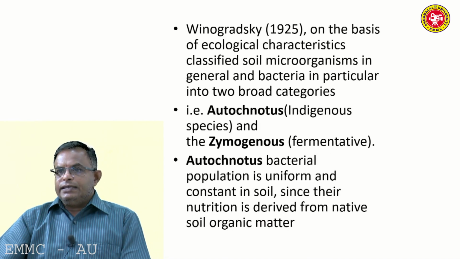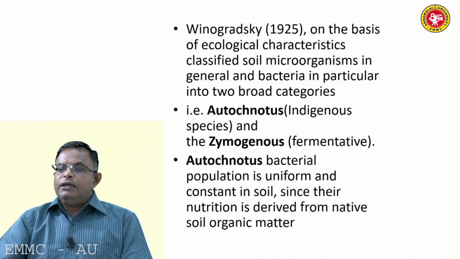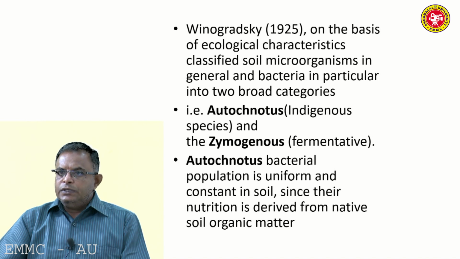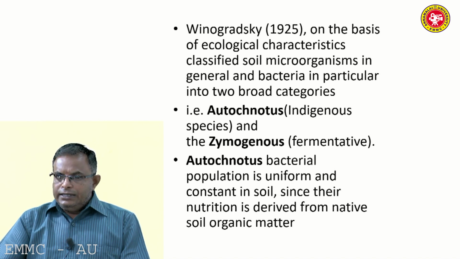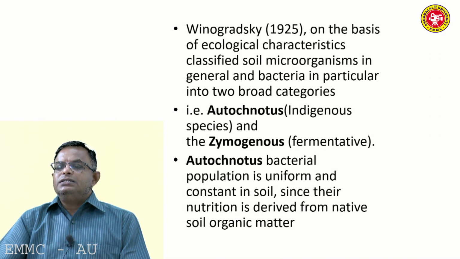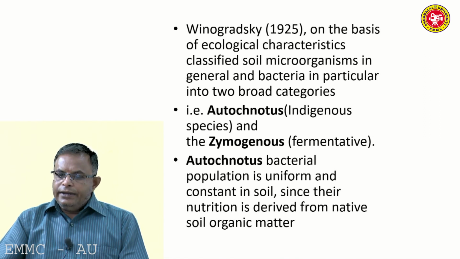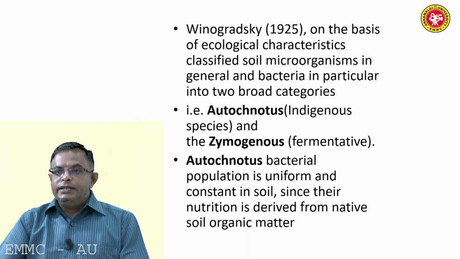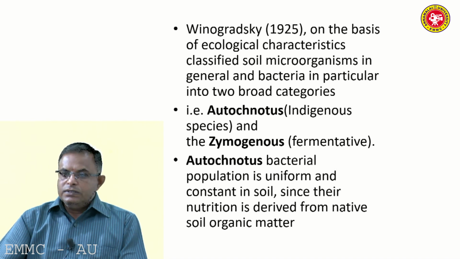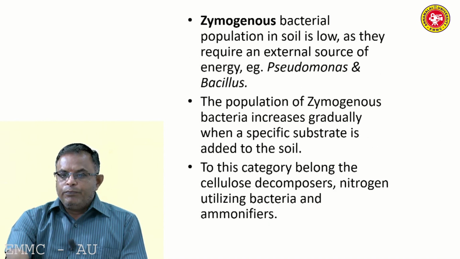Vinogradsky, on the basis of ecological characteristics, classified soil microorganisms into two types: autochthonous and zymogenous. Autochthonous organisms are indigenous organisms native to that environment. The bacterial population is uniform and constant in soil, since the nutrition is derived from the native soil organic matter.